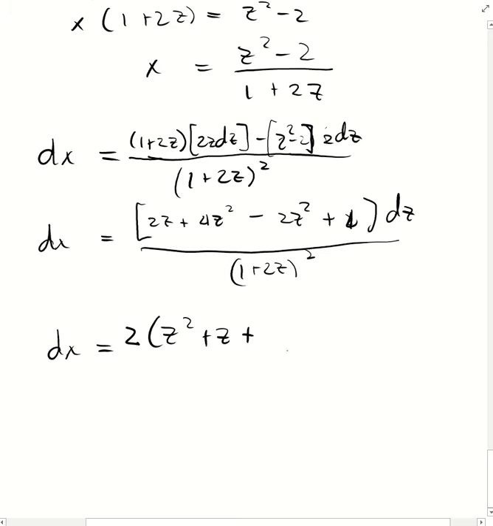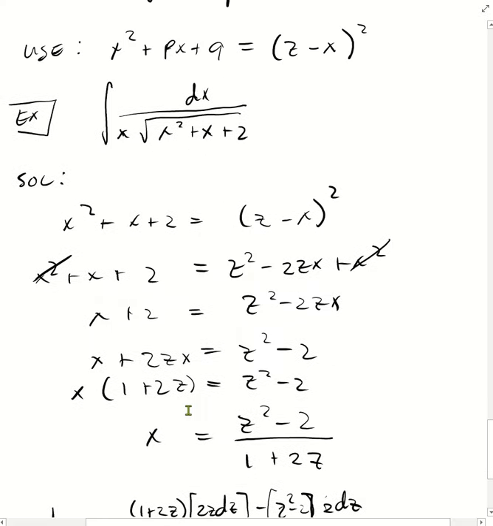We bring out 2, so we have just 2 times z squared plus z plus 2, dz all over 1 plus 2z squared. So that will be our dx.